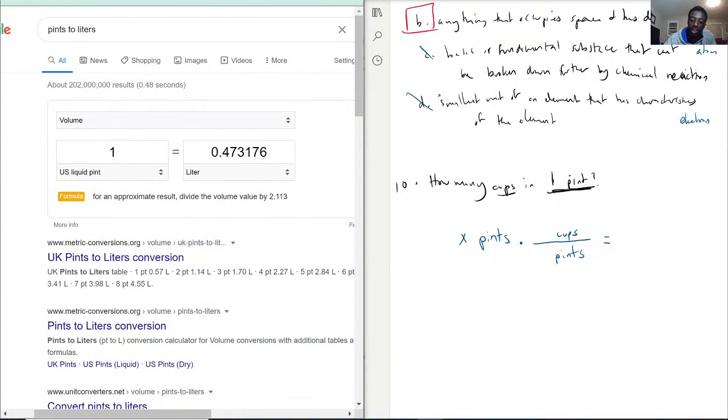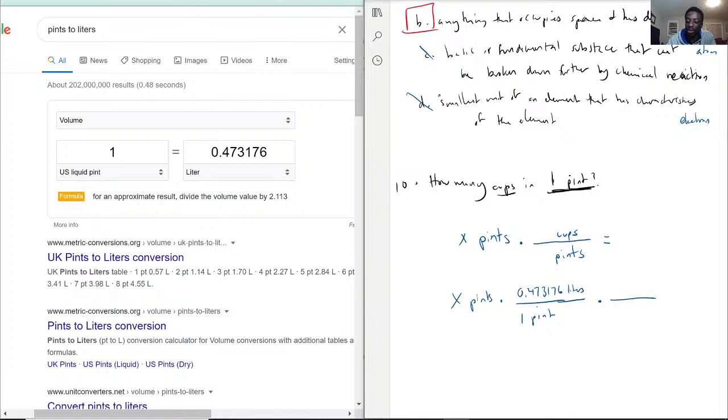Well actually we don't know what liters to cups is either. Well actually we can do that after, but that's okay. So X pints is equal to, so that's 1 pint is 0.473176 liters.